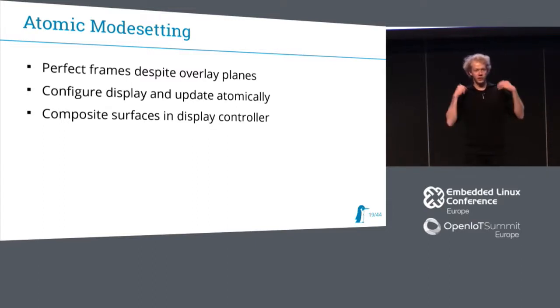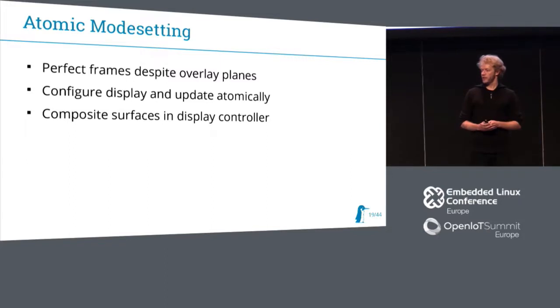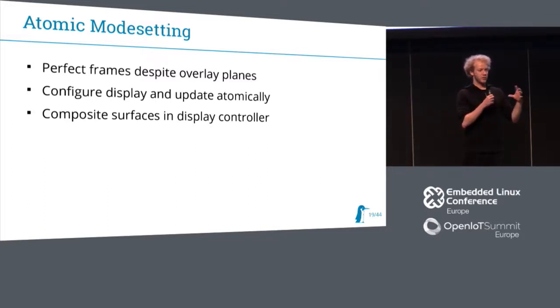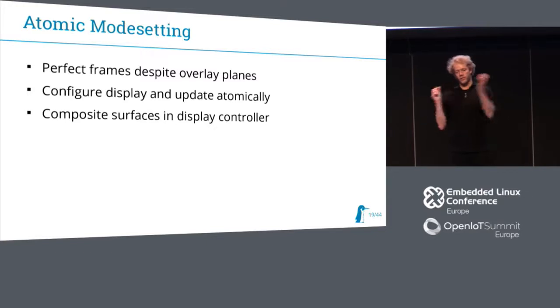So you want to change all at once, and that's possible with atomic mode setting. And this allows for the compositor to really make use of all the different hardware planes, because it just sets up the new state and sends it to the display hardware, and it's there in one instant.